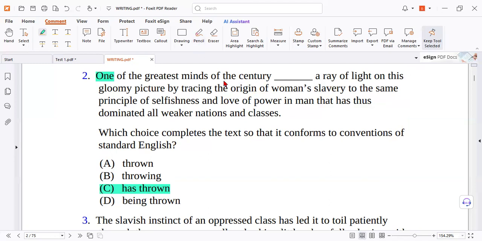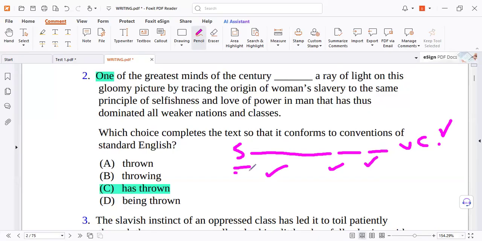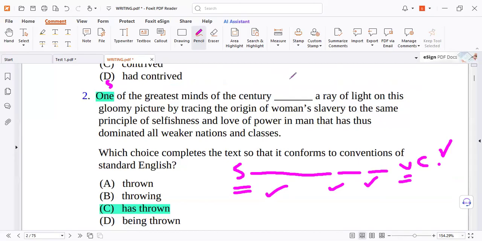Memorize this structure: subject, phrase or phrases, verb, complement, full stop. We delete the phrases. You must find the subject and the verb. All of them are phrases, so we need a subject and a verb, and at the same time the meaning must be correct.